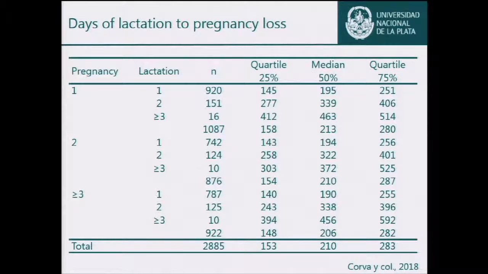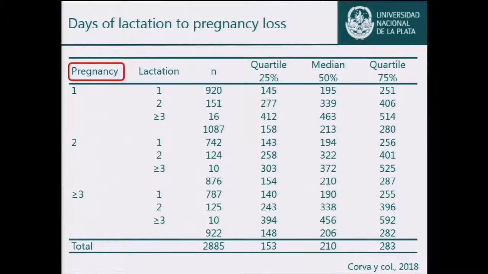When we look at the days of lactation that the pregnancy occurred, we see that there's a tendency to have the first pregnancy around 212, the second around 210, and the third around 206 days. And here you can see the median, and here you can see the first quartile and the third quartile of the median days.